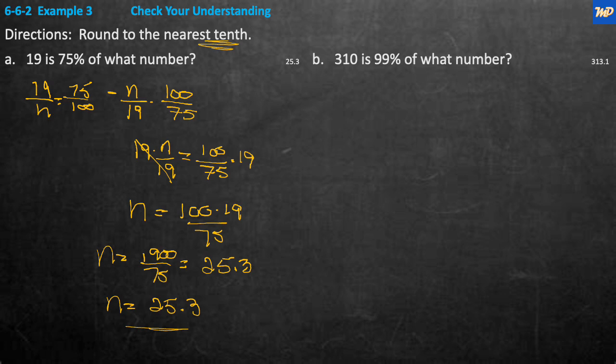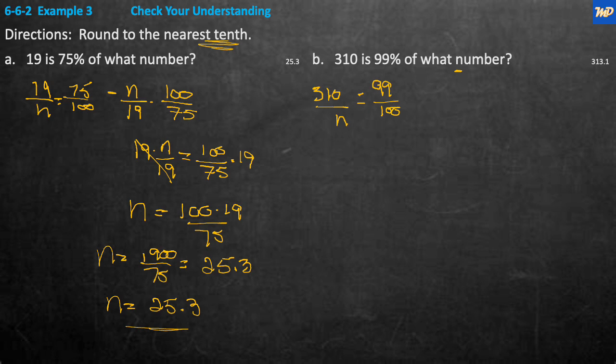310 is 99% of what number? Well, I know right away that I'm going to say 99% of 100, 99 over 100. And it says 310 is this percentage. So that means that the relationship is between the 99 and the 310. So the 310 goes here on top over what's missing. What number? I'm going to say n. N for number.